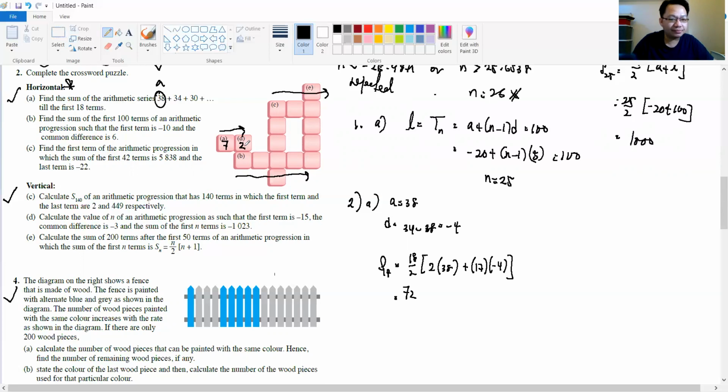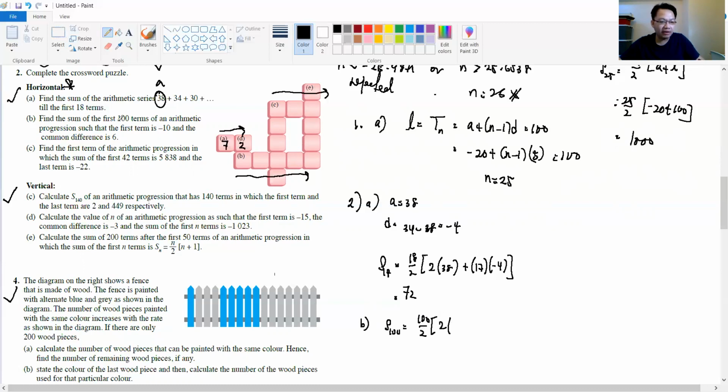How about B? Find the sum of first 100 terms of an arithmetic progression such that the first term is negative 10 and the common difference is 6. Now you see the information is given, very straightforward. So for question B, we want to find the sum of 100 terms, so it will become 100 over 2, 2A.